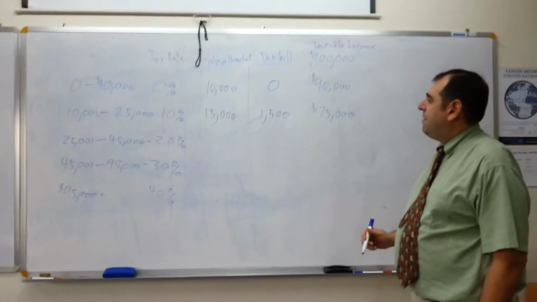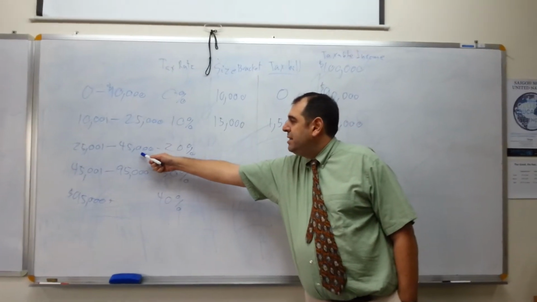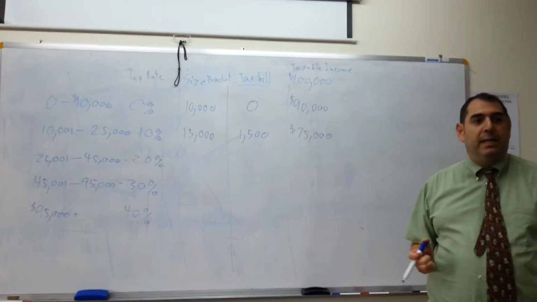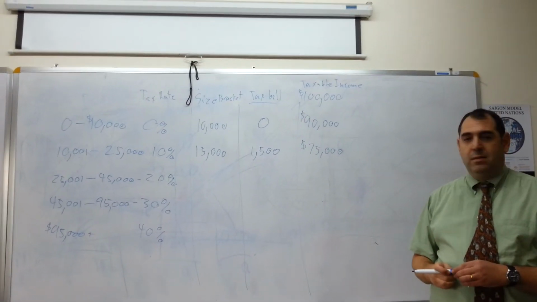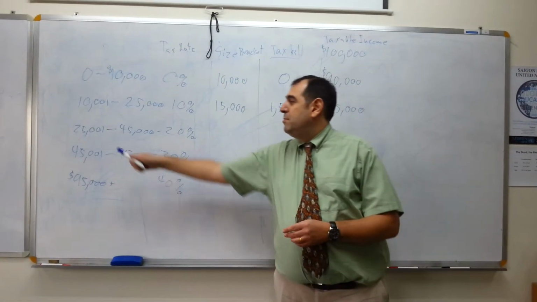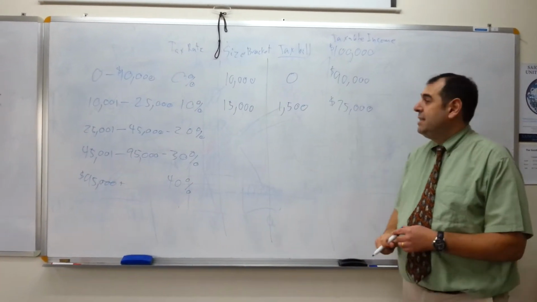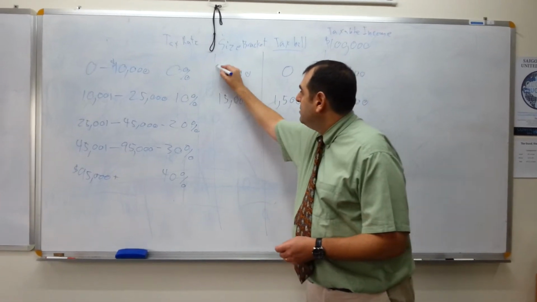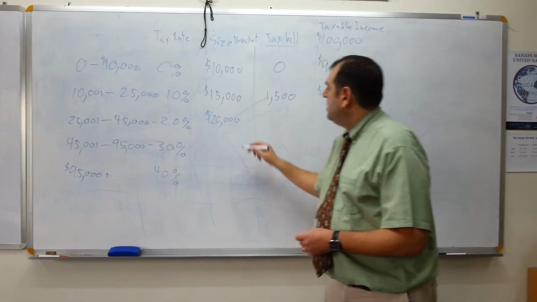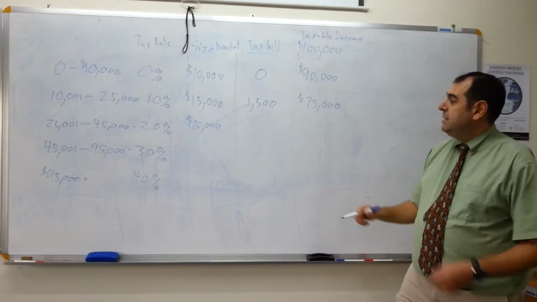$75,000 is left. Now the next bracket is from 25,001 to 45,000. So how big is that bracket? How much money? It goes from 25,000 to 45,000. That's $20,000 and the tax rate is 20%.